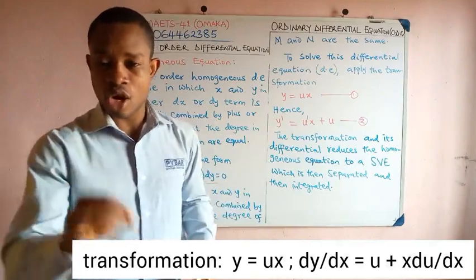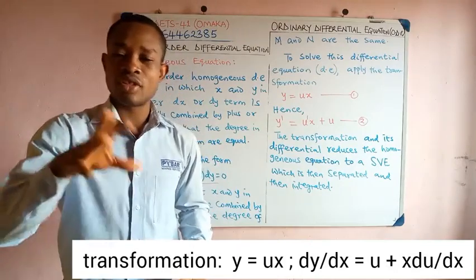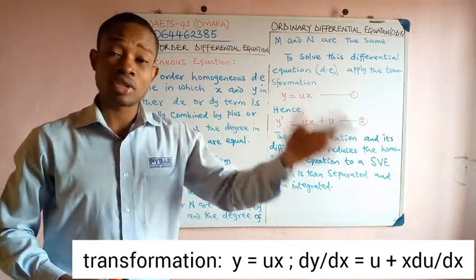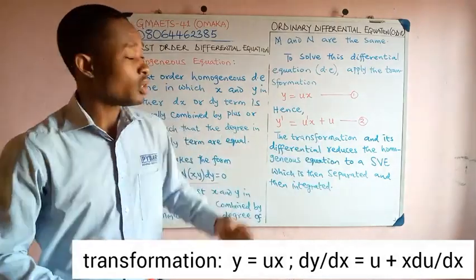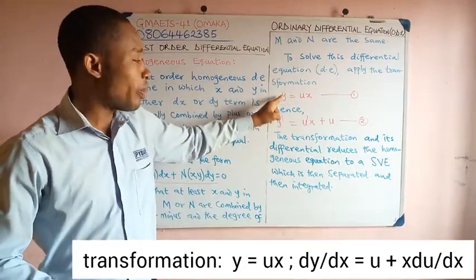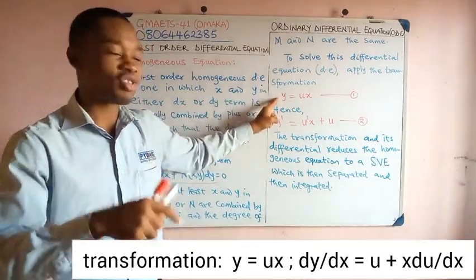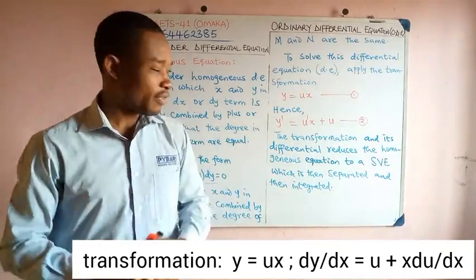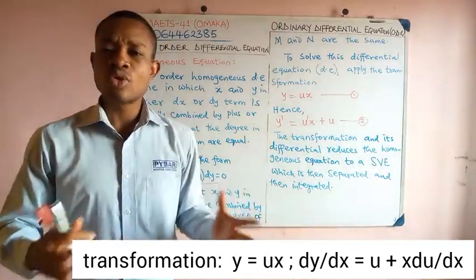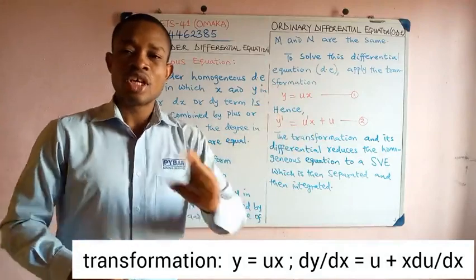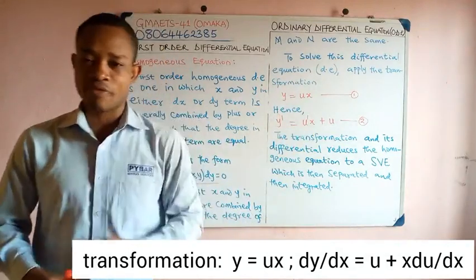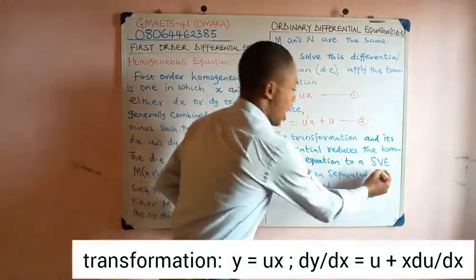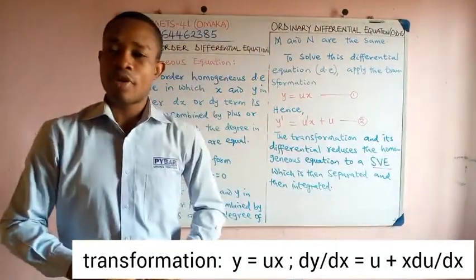Now, what is the essence of this transformation and its derivative? It's pretty simple, you know. Once you define a transformation in a differential equation, all you need to do is substitute that transformation into the equation and its derivative. The essence is to replace y with that transformation and also replace dy/dx with the derivative of that transformation. Once you apply equations 1 and 2 into the homogeneous first order differential equation, it is going to reduce it to a separable variable equation, SVE.